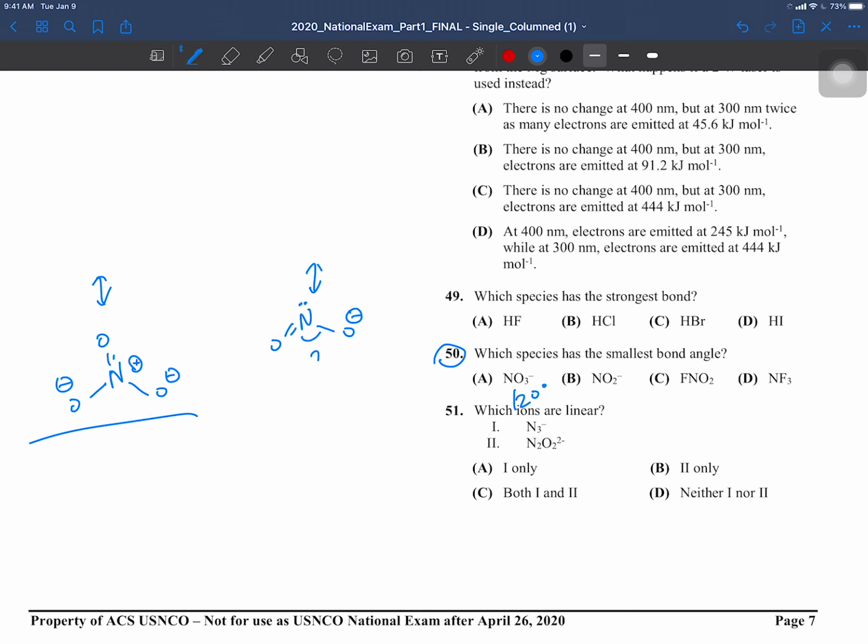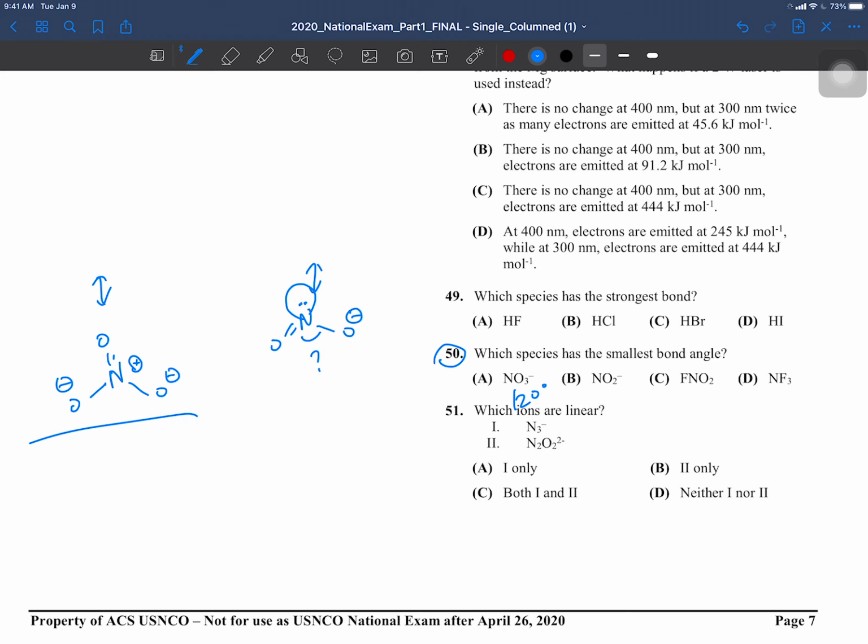I have to show the lone pair here, otherwise I cannot tell you the bond angle. So what is this bond angle, guys? Wait, how do you think the bond angle here? I agree with the 120. Why should it be less than 120?